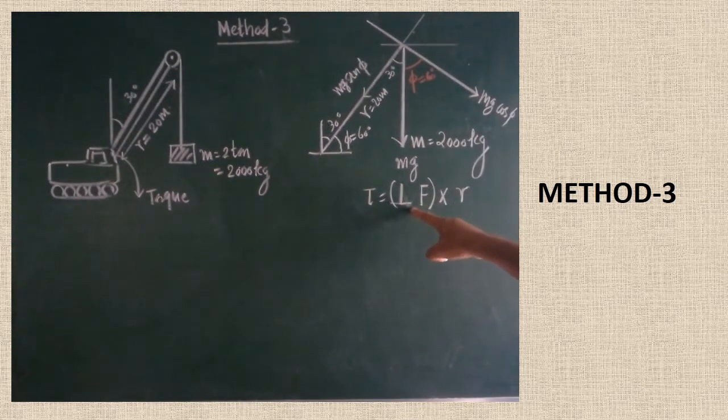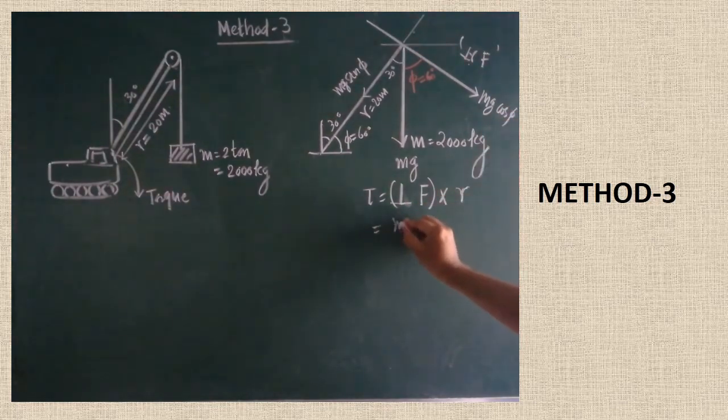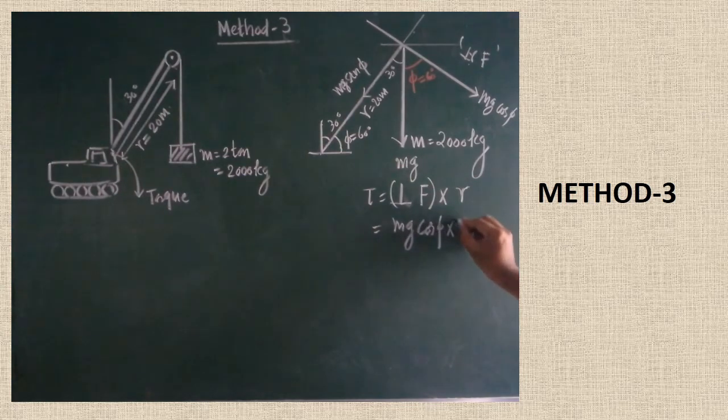Now we have taken the perpendicular component of the force. This is called the perpendicular component of the force, just for the sake of you I am writing. That should be multiplied with this arm length. Substitute here. The perpendicular component of the force is mg cos φ, into r.